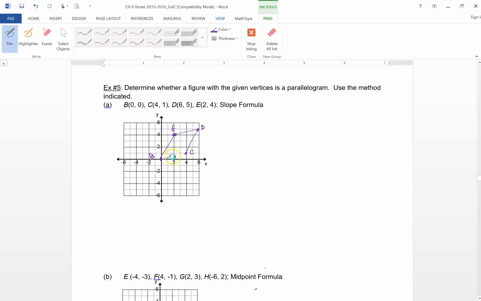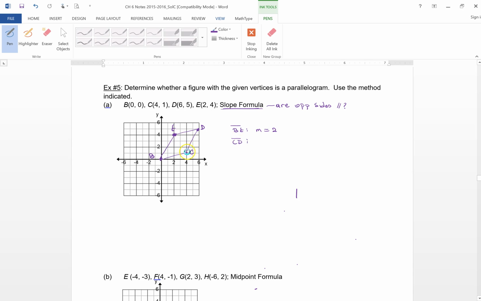Now, the question is is this a parallelogram? And we want to use the slope formula, meaning slope implies parallel lines. So we want to see whether opposite sides are parallel. Do opposite sides have the same slope? Let's start with segment BE. The slope of that line is 2 over 1. And what about CD?